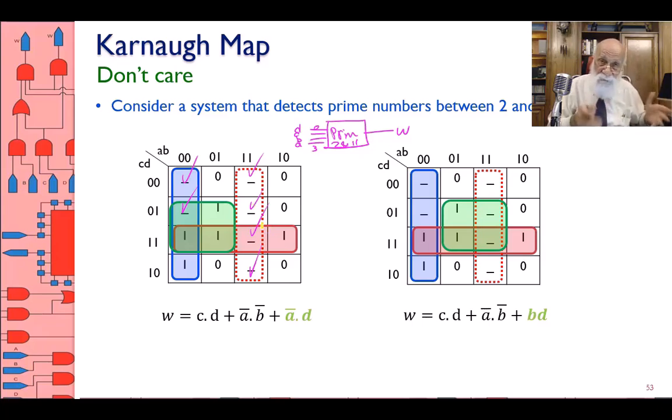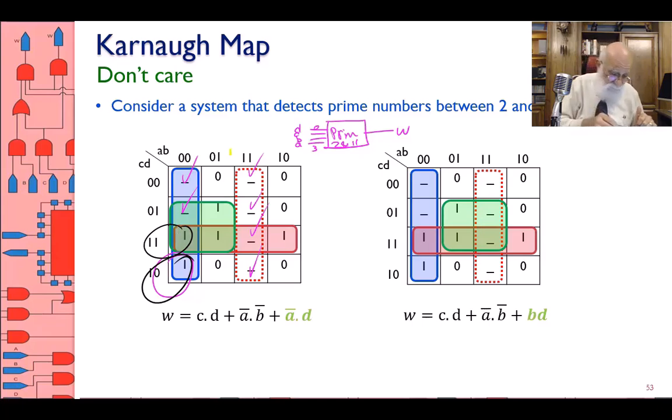Now let's put the ones in the map. 2 is considered because between 2 and 11, so 2 is good. Is it a prime number? Yes, it is, and therefore I put a 1 here. I put a 1 here. 3 is a prime number. How about 4?